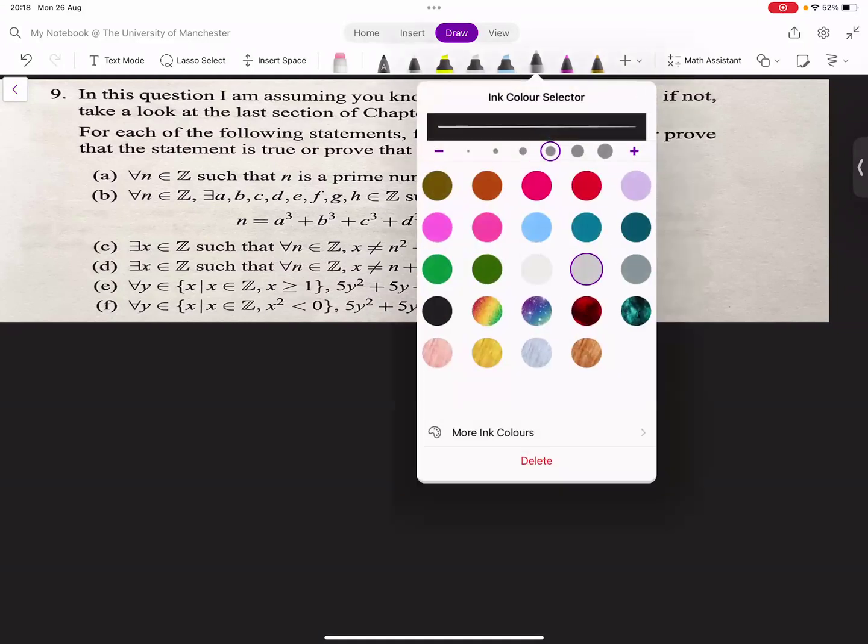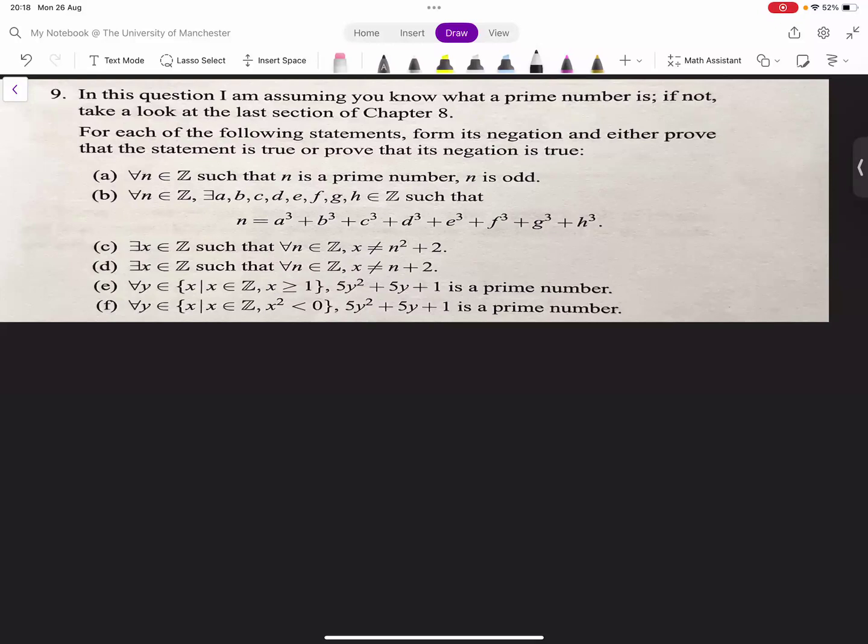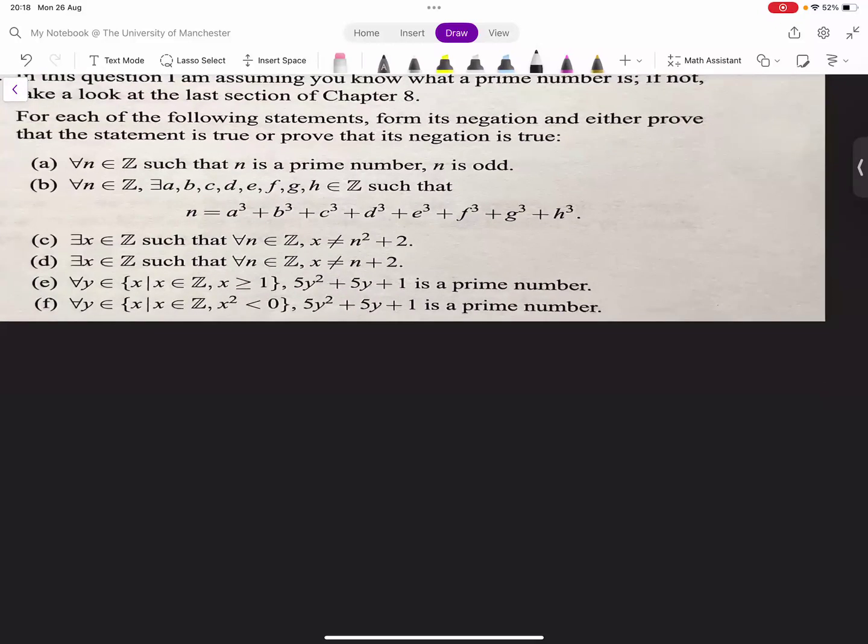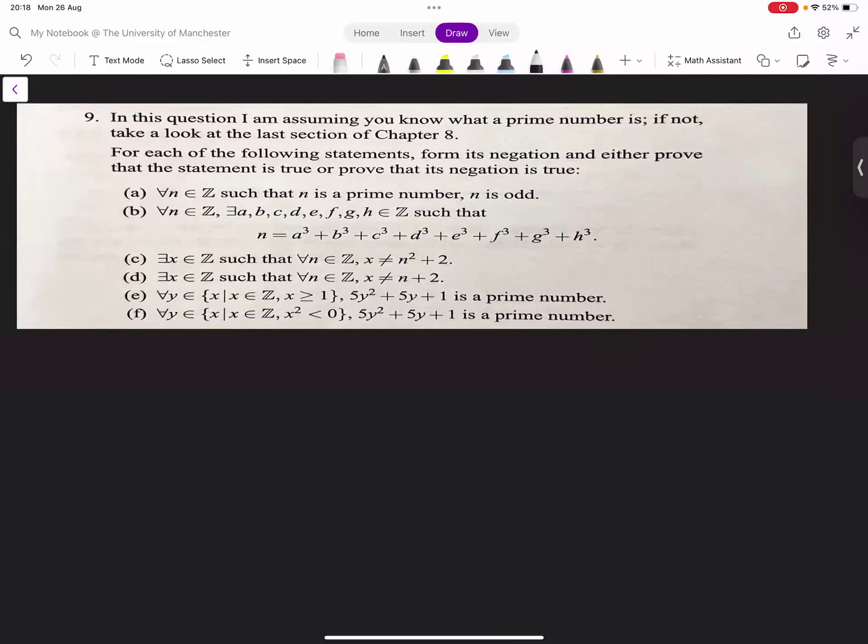What is a prime? A prime is a number that is only divisible by, let's say P is a prime if the only divisors of P are plus minus 1 and plus minus P. Okay, this is a definition for the prime.